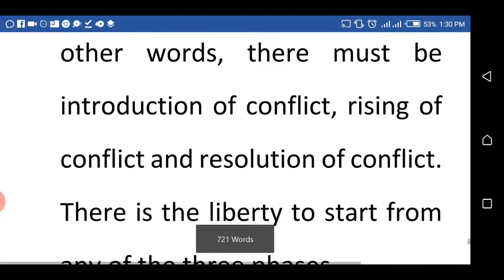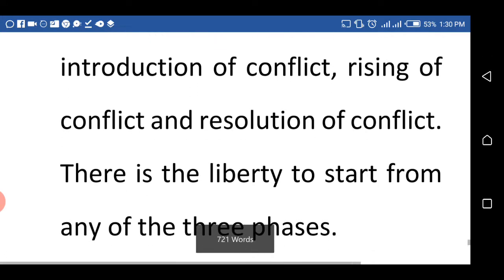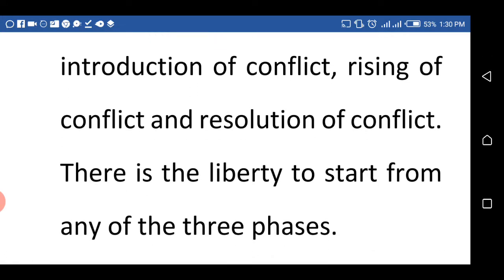There is the liberty to start from any of these phases. That is, a writer may decide to start from where the resolution of conflict takes place, or where the conflict rises, or the introduction of conflict.